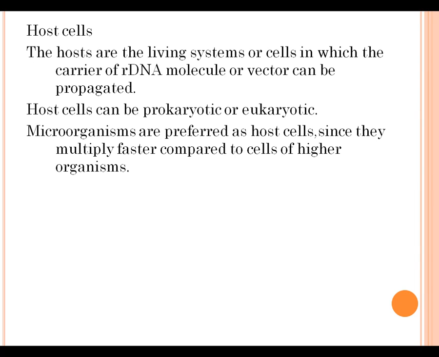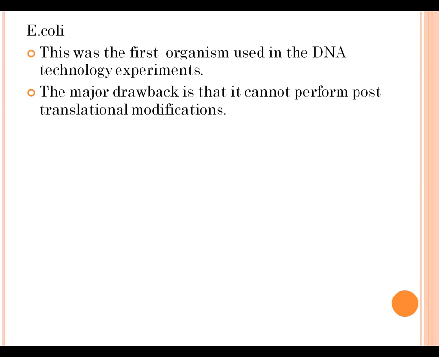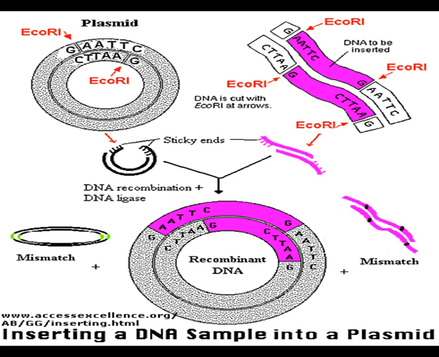The host is a living system of cells in which the carrier of recombinant DNA molecules, or vector, can be propagated. The host cell can be prokaryotic or eukaryotic. Microorganisms are preferred as host cells since they multiply faster compared to the cells of higher organisms. E. coli is used in experiments. This is plasmid insertion.